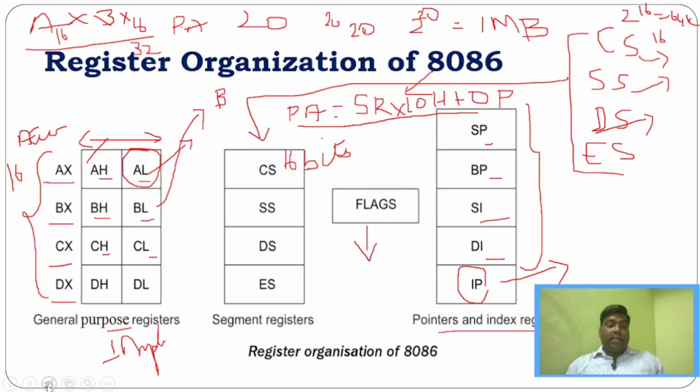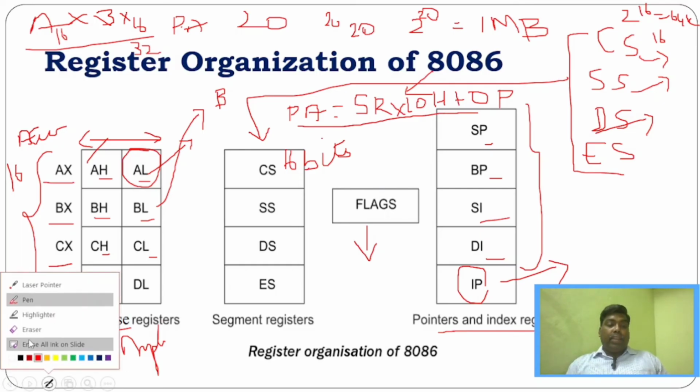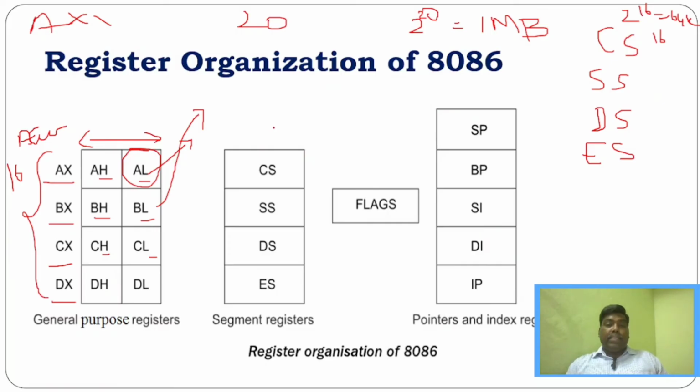I'll just erase everything so that you can understand. So the physical address is equal to segment register into 10H plus offset pointer.